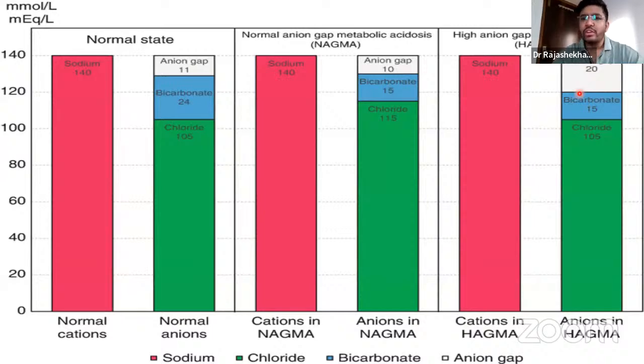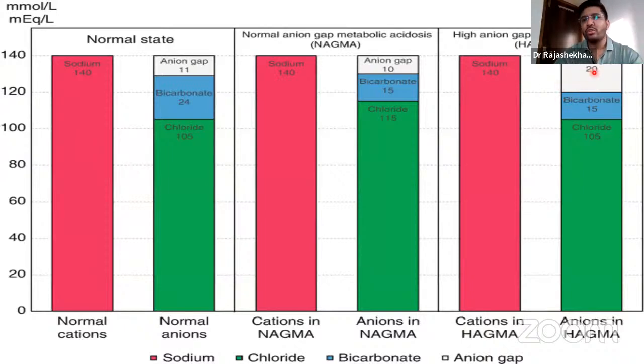So this should go hand in hand. If it is not going hand in hand, there is an accompanying other disorder which you should consider here. That is why the concept of delta ratio, or delta gap, both are the same, came into the picture. The delta ratio is just the ratio of the change in anion gap to the change in bicarbonate. The ratio should always remain 1 in case of a pure anion gap metabolic acidosis.